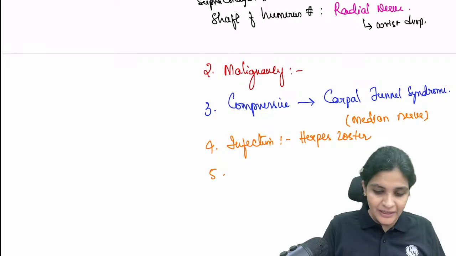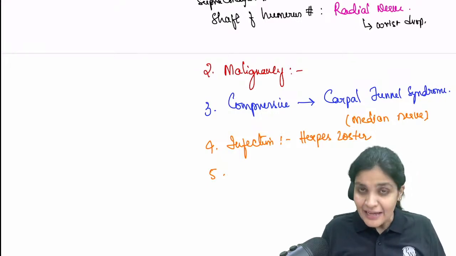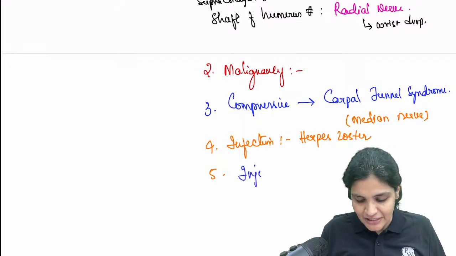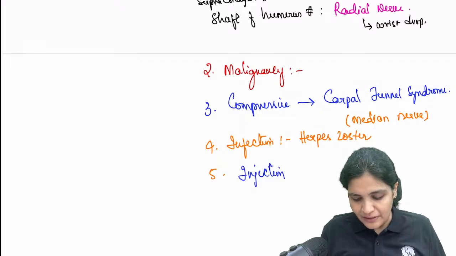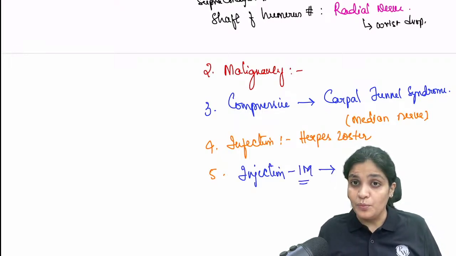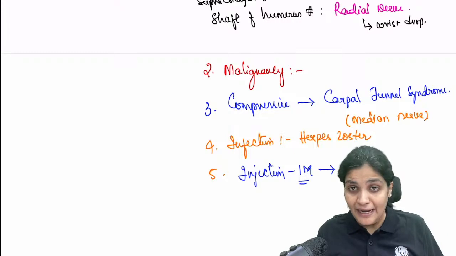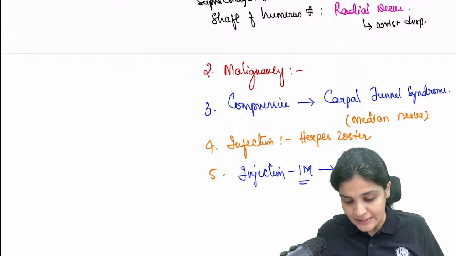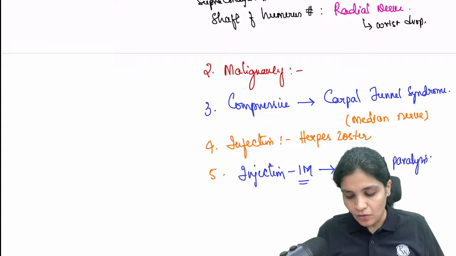So I will tell you one more interesting thing. See, sometimes they give injections, right? When they give IM injections, intramuscular injections, this will also result in paralysis, such as deltoid paralysis, injuring your axillary nerve, or the sciatic nerve, right?